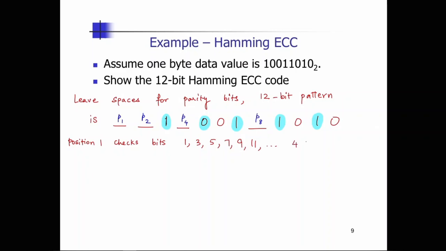So 4 ones, even parity. Even parity means P1 should be set to 0. So I'll simply erase this and write my computed answer, 0.